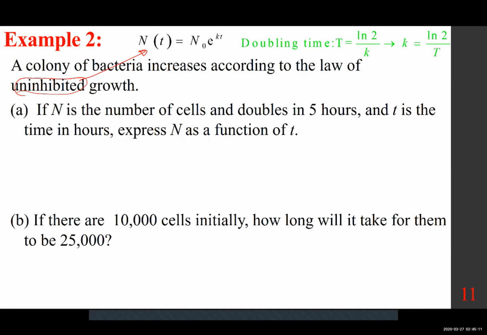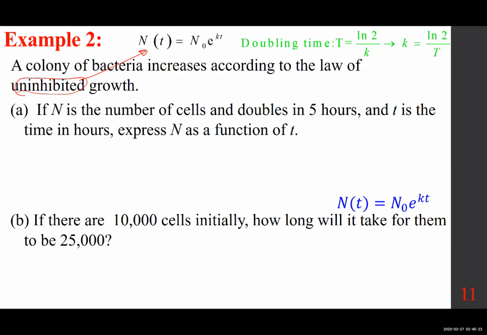So if N represents the number of cells and doubles in 5 hours, and t is the time in hours, express N as a function of t. First of all, this is the general formula that you see at the top anyways, okay? And the reason we are using that is because it says uninhibited growth, okay?